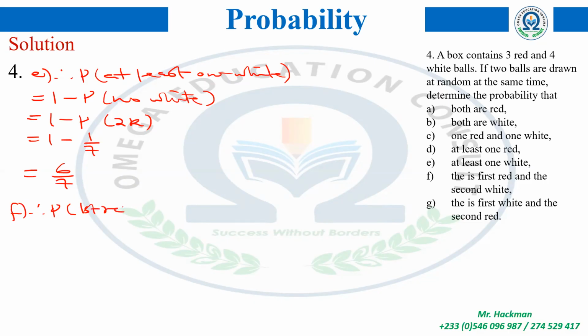First red, and second, white. Okay, very good. Take note, I want you to do this one using combination. I will not do it using combination. You will tell me your values. Then after that, I'll come and give you a very vital piece of information. So it means you have to take notes here.